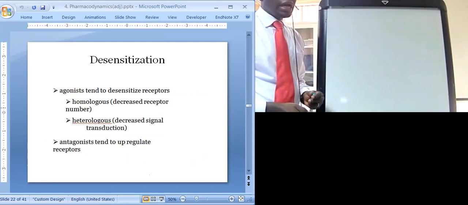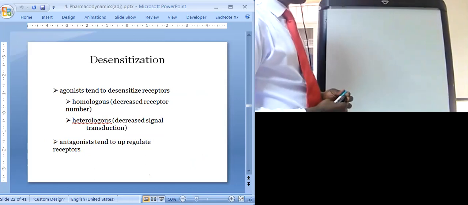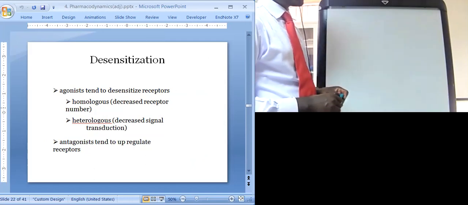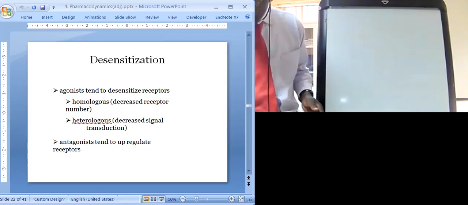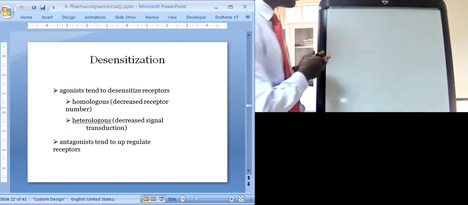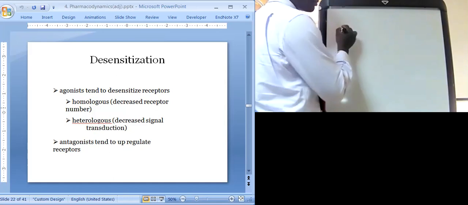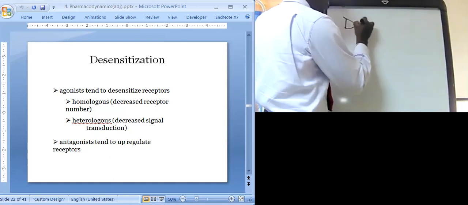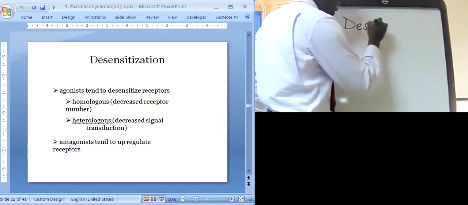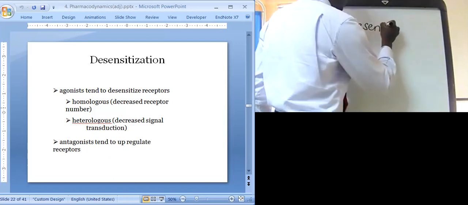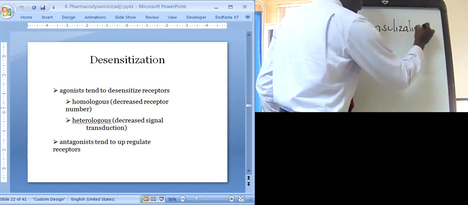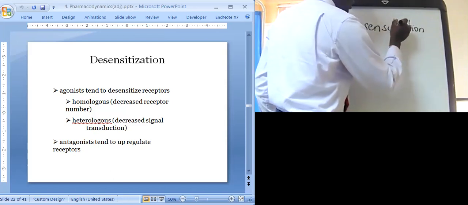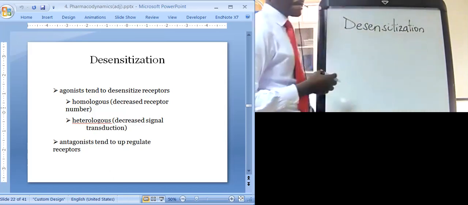Now the other issue that you need to know is the term desensitization. That word is very important. And what does it mean?